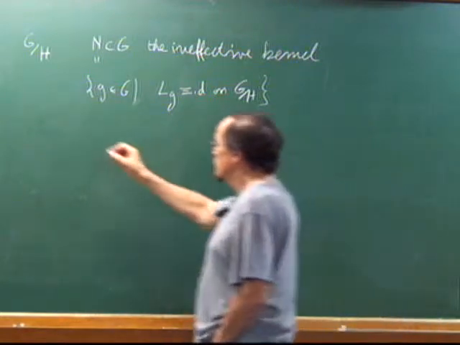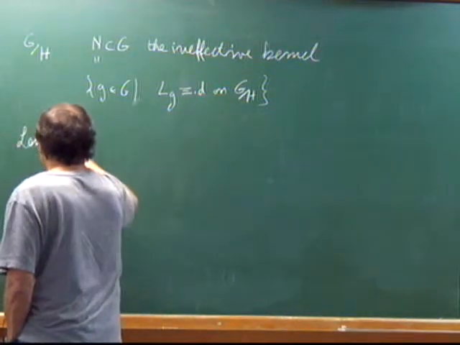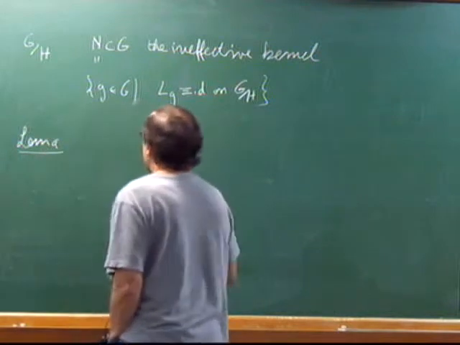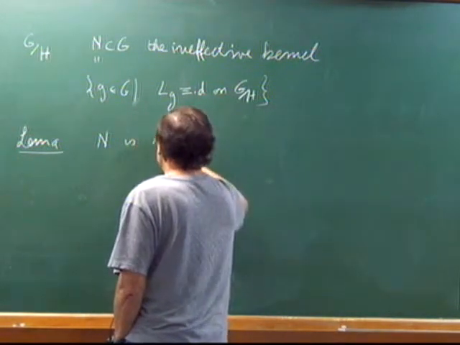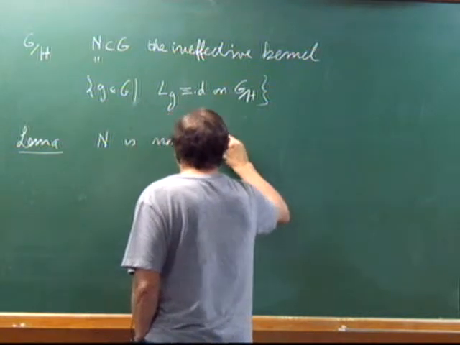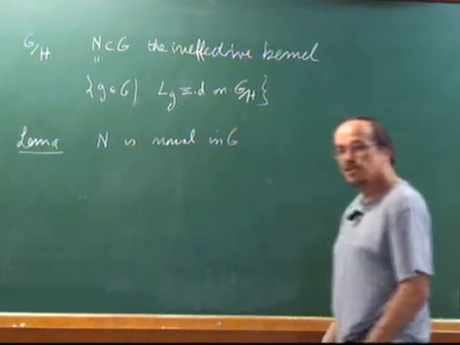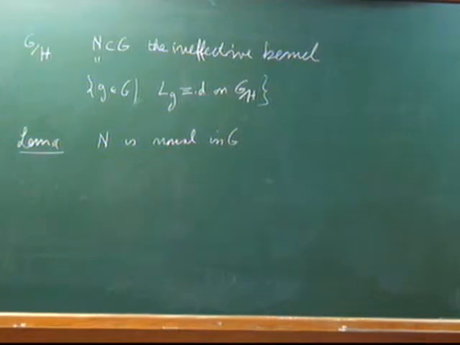Now I claim the following observation. I claim that N is certainly normal in G, just because it's an ineffective kernel. Right, so that is clear.